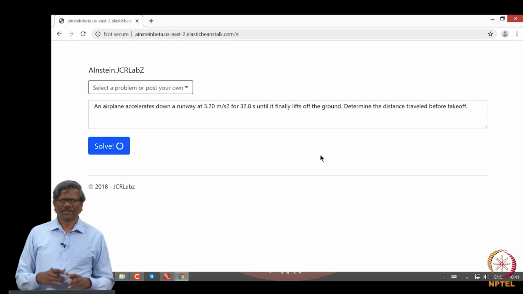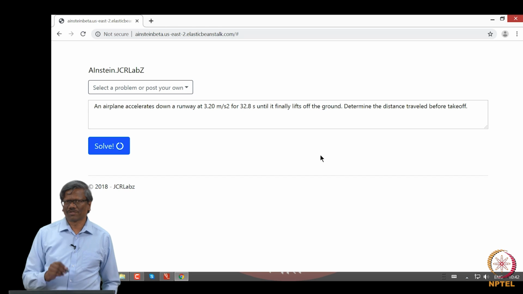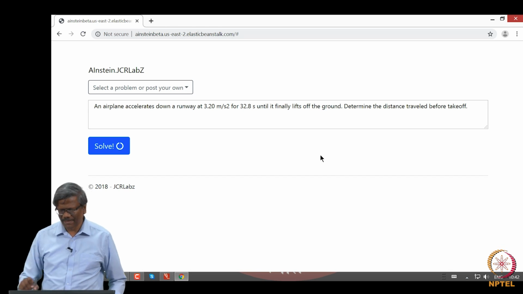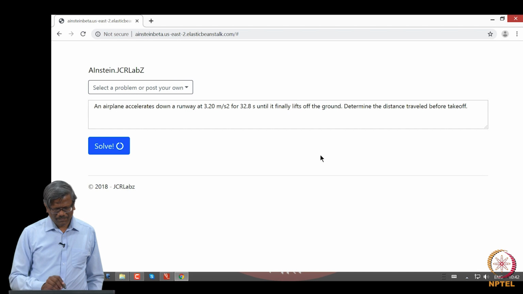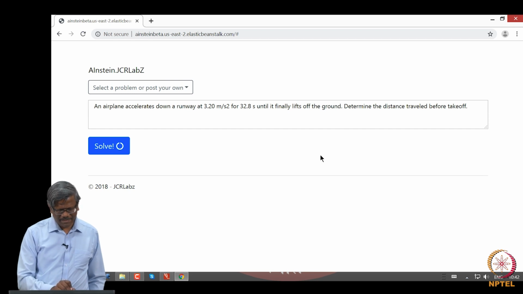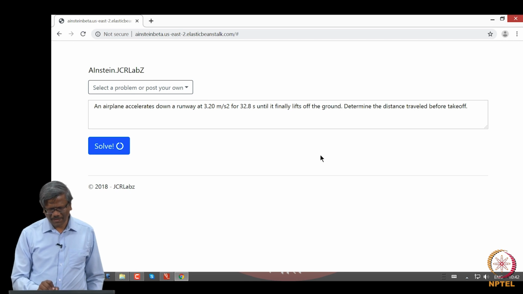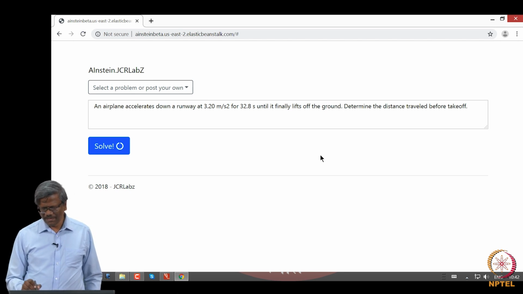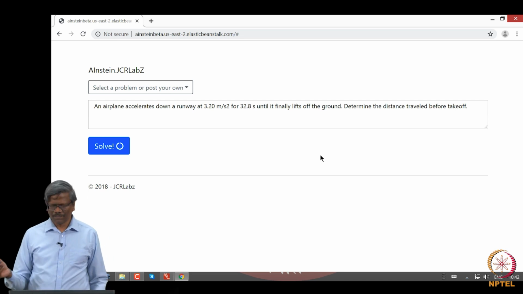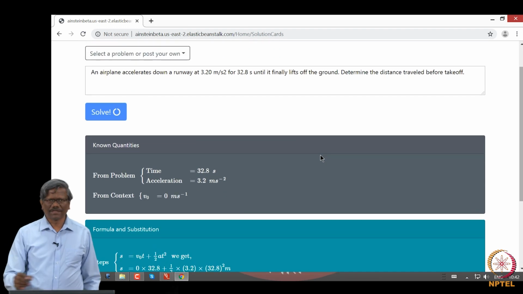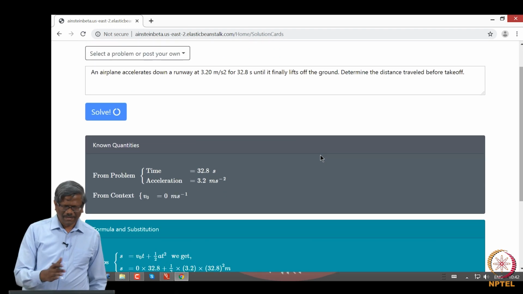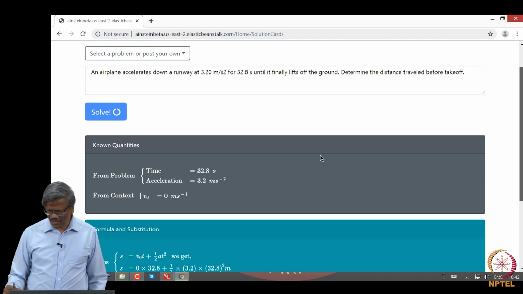I just want to post the problem, and the machine should solve this problem on its own by looking at the problem, finding out what are all the given values, okay, in terms of, here we have an acceleration, we have a time, and then it lifts off the ground, and then distance, determine the distance traveled before. So, we want the machine to read this natural language text, take out all the known quantities on its own like this.